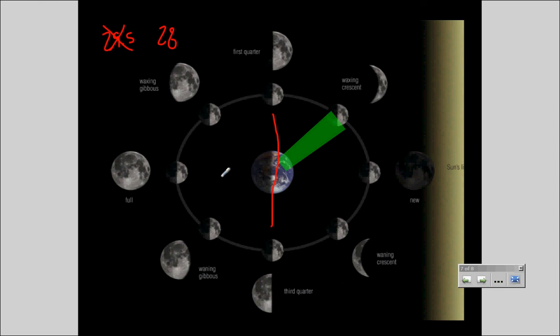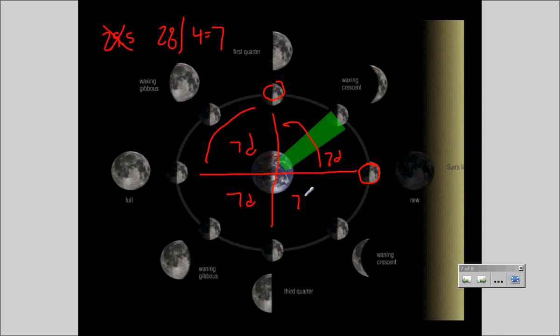If we call it 28, we can divide the cycle into 4 sections. 28 divided by 4 is 7 days. So to go from here to here takes 7 days. From here to here, 7 days. 7 days and 7 days. 7 days is 1 week.